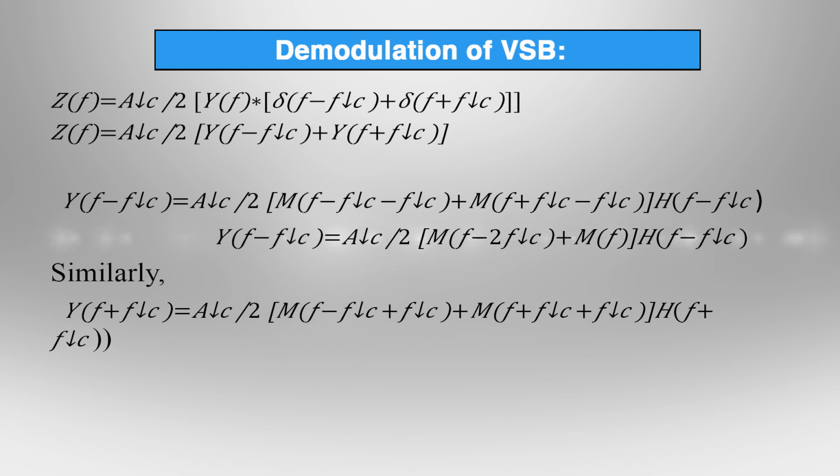As we know, the VSB modulated signal is represented by Y(f) equal to Ac/2 times [M(f − fc) + M(f + fc)], the whole multiplied by H(f). Therefore, we can write Y(f − fc) by simply substituting f − fc in place of f.